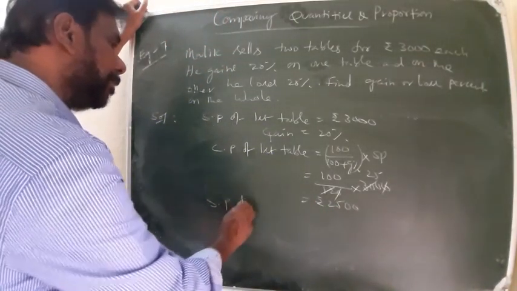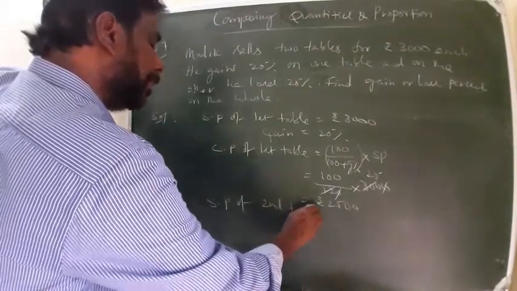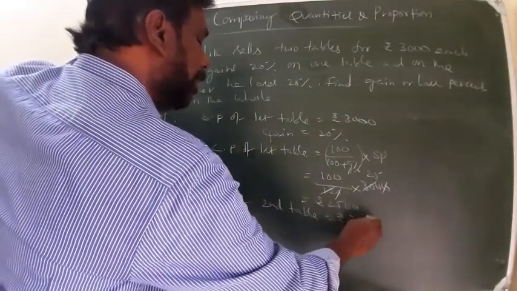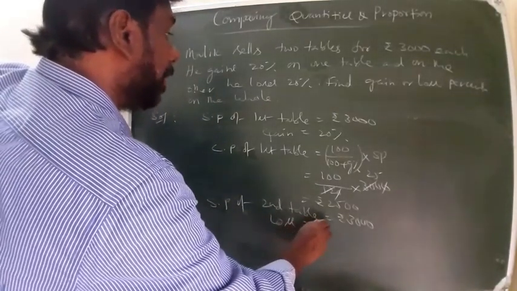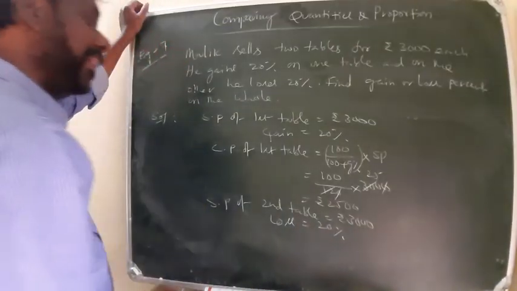Next, SP of second table, that is also 3000, but for this second table he loss percent is also 20.